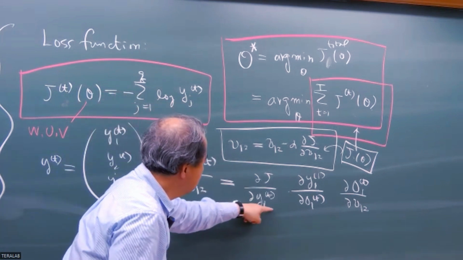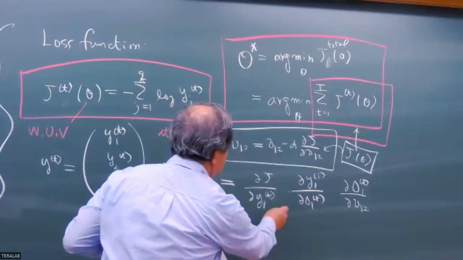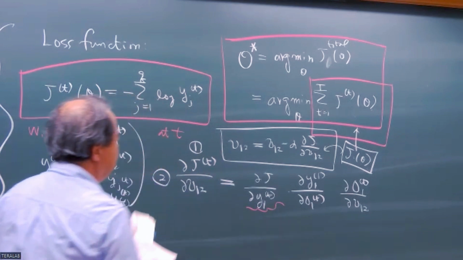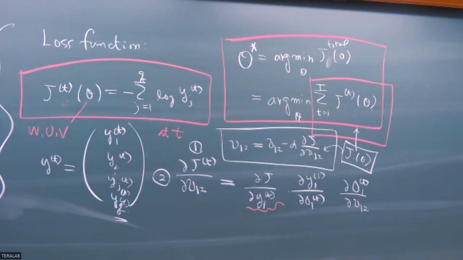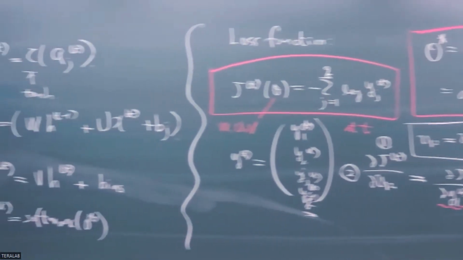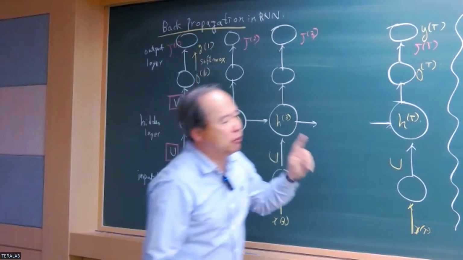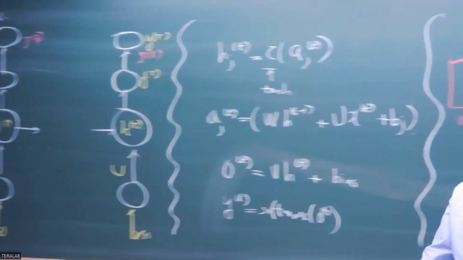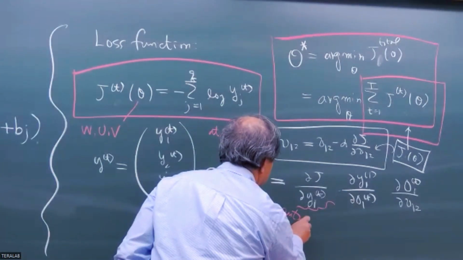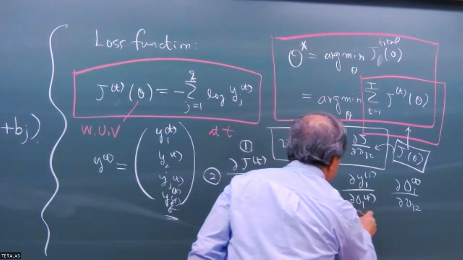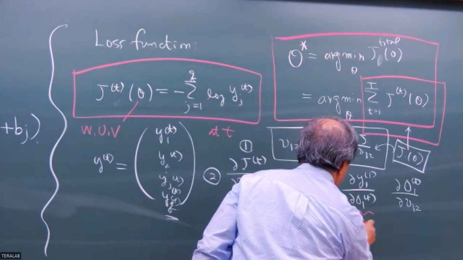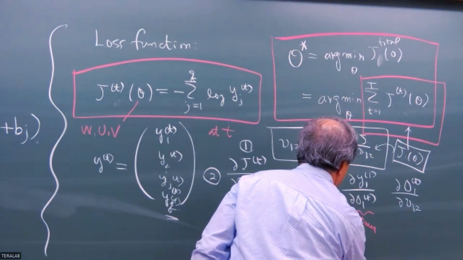That shows up in this derivative. Also, I have to find the relationship between OT and Y1. That is the softmax function. This is entropy. This is softmax.